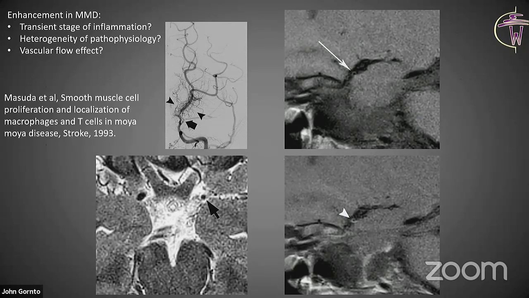And I did want to also point out this paper that was published a while ago looking at the histology of a case series of Moyamoya disease patients, where they did find that there was infiltration of T cells in a certain layer of the arterial wall, and they surmised from that there could be a transient inflammatory process associated with Moyamoya disease. So this kind of adds a little more complication to the Moyamoya discussion.